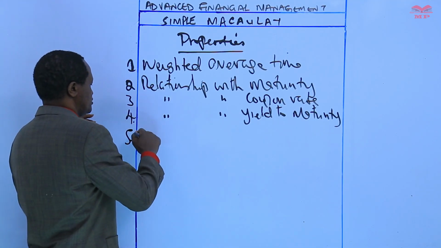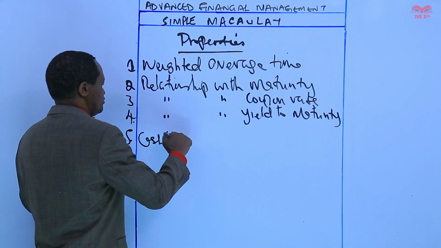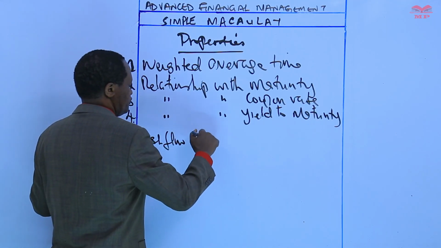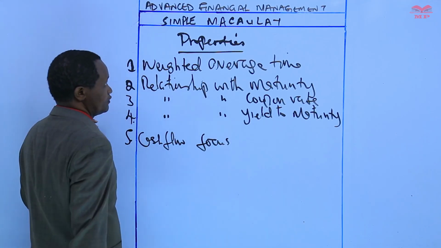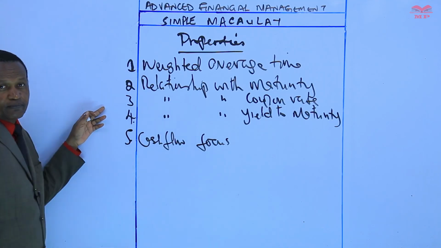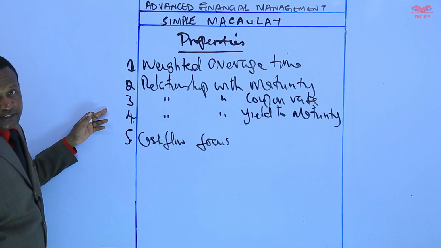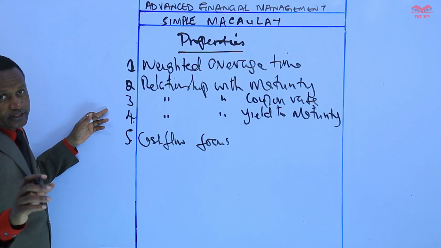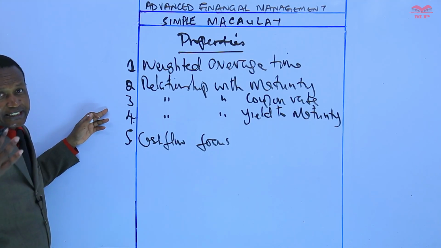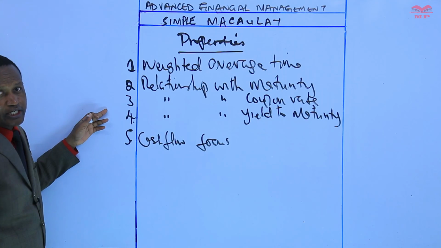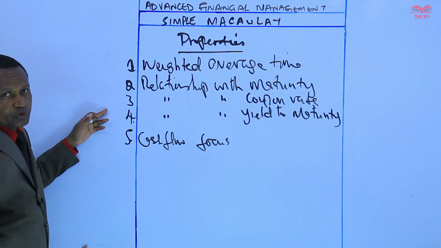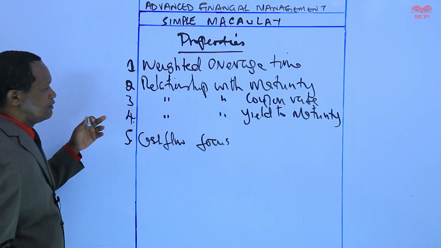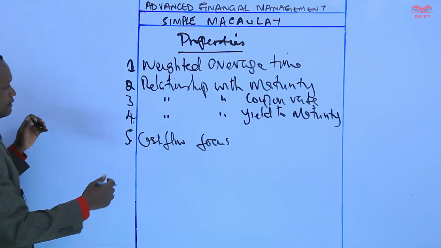Number 5, cash flow focus. Cash flow focus is the fifth property. Now, it specifically measures the time it takes to recover the bond's cash flows, considering their present values.